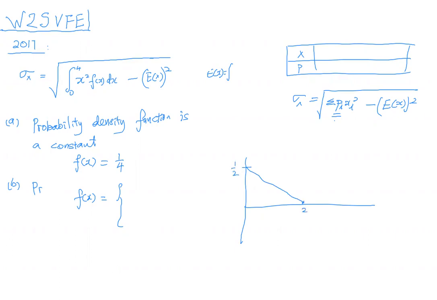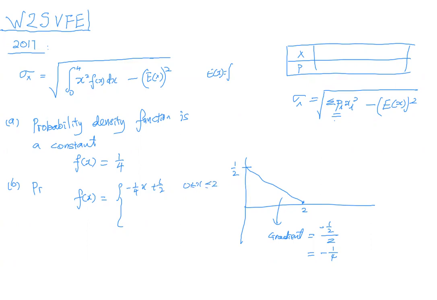So the first equation will be the gradient for this straight line. The gradient is equal to negative half over 2. That is negative 1/4. So it will be negative 1/4 x plus half for x between 0 and 2.